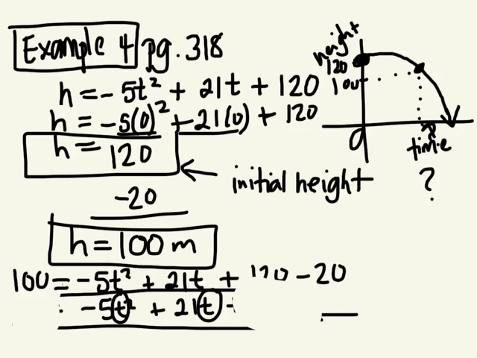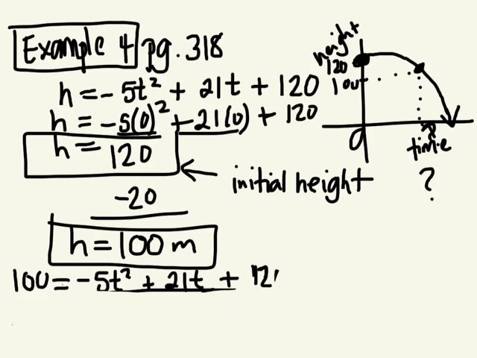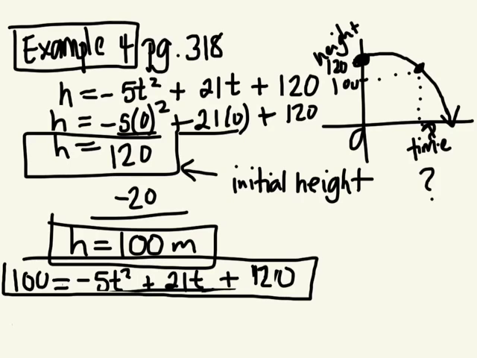So if height is 100, I need to plug that into my equation, okay? So I'm going to erase this. Oops, sorry. Okay, so when height is 100, I need to figure out the time. Can you simplify this equation and set it equal to 0? Yep. And make this negative 5t squared plus 21t plus 120.